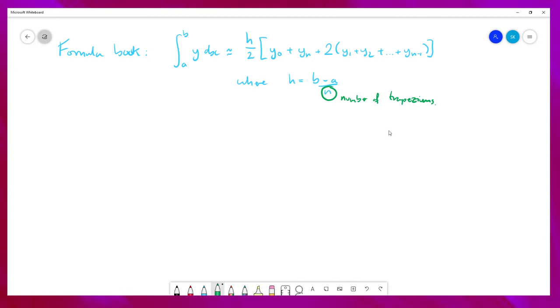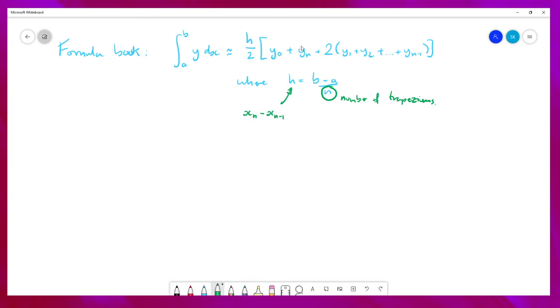Usually though, this part of the formula for this new specification you don't actually need to worry about, because h, the part that's in the formula, is going to be xn minus xn minus 1. So it's the difference between two consecutive x values.